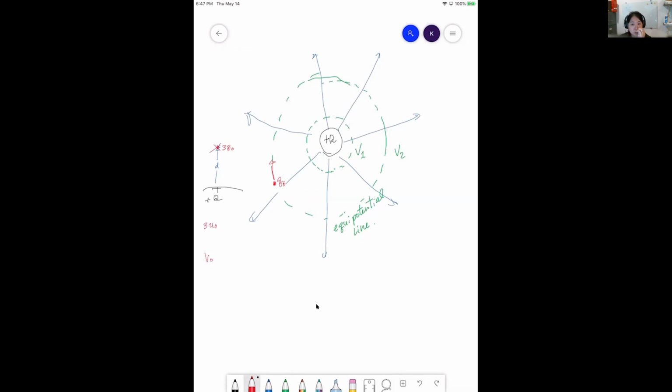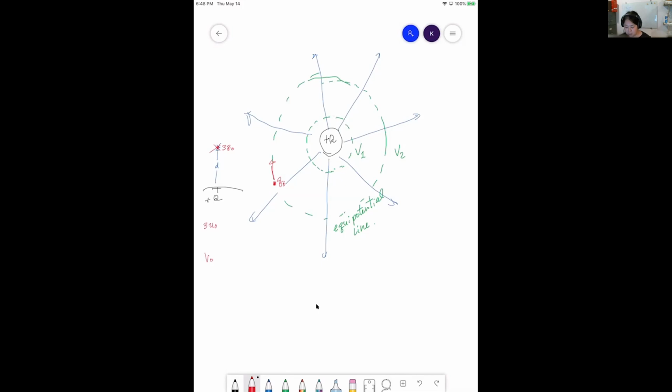Does this charge feel any force? Well, it has a force, but do you think you're working against the force or along with the force, or do you have any change in force? No. If you're moving along the equipotential line, it's almost like you're rolling a ball on a flat surface. There's no change in potential energy because the voltage is the same. So there's no work done, no change in potential energy.